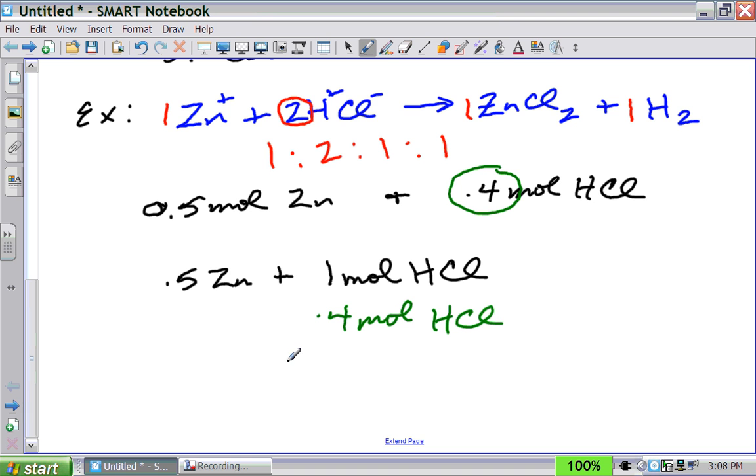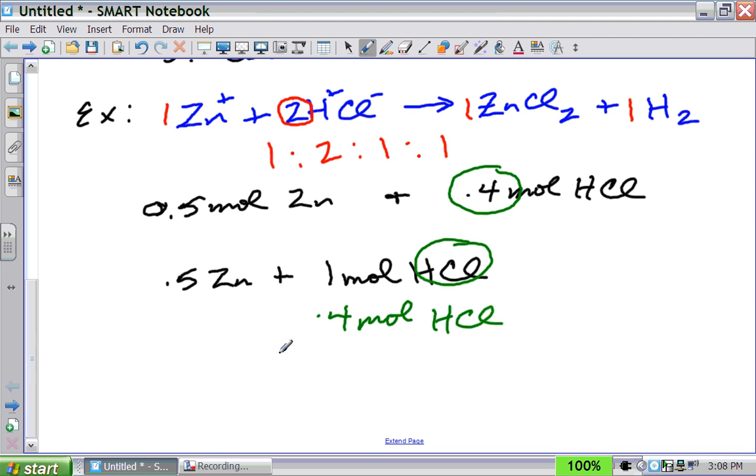Now the question you ask yourself is, is that enough hydrochloric acid to replace all the zinc? And the answer to that is no. We need 1 mole, so that means 0.4 is 0.6 moles less than we need to react all of this zinc. So that indicates that HCl is our limiting reactant.